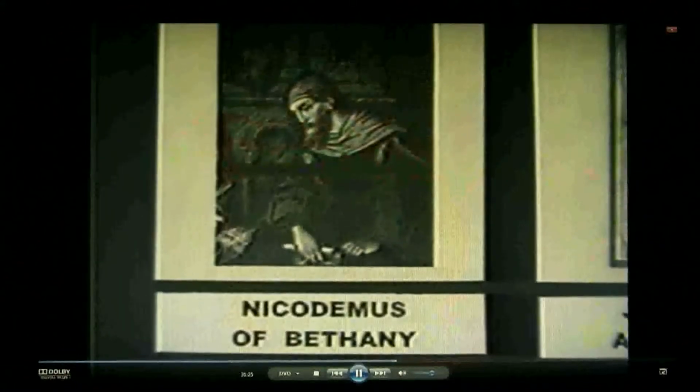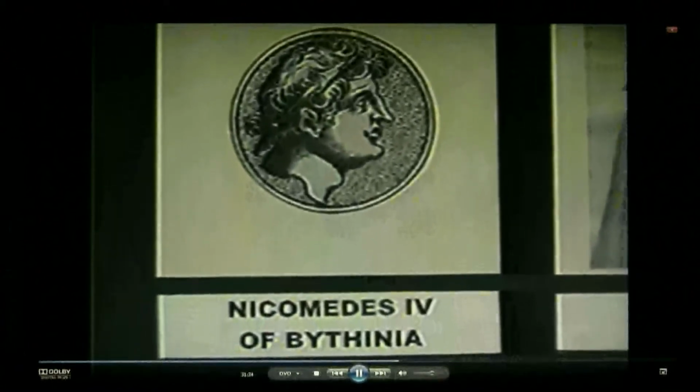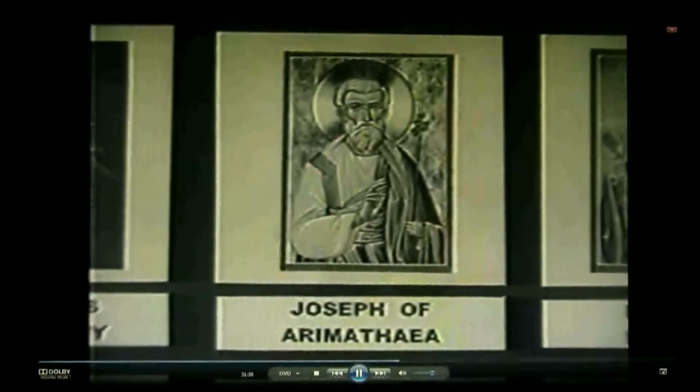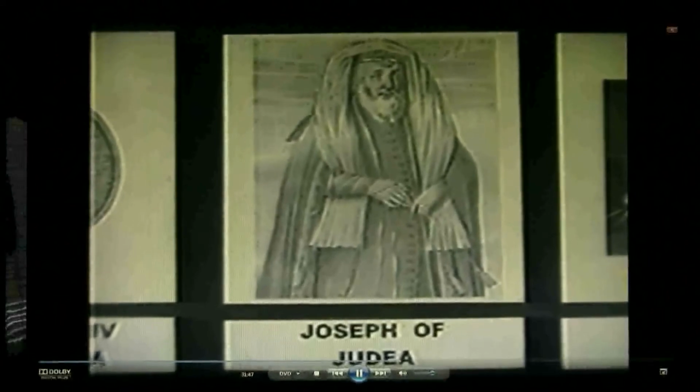Far from being poor and uneducated, Jesus' inner circle of family and disciples were well-educated and well-off descendants of royalty. The disciple called Nicodemus of Bethany was in reality the son of Nicomedes IV of Bithynia. Joseph of Arimathea was in reality Joseph of Judea, an extremely wealthy tin merchant and descendant of King Zedekiah and Mattathias.